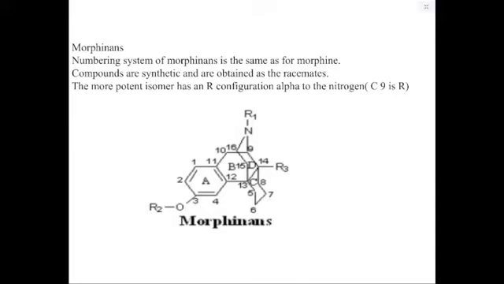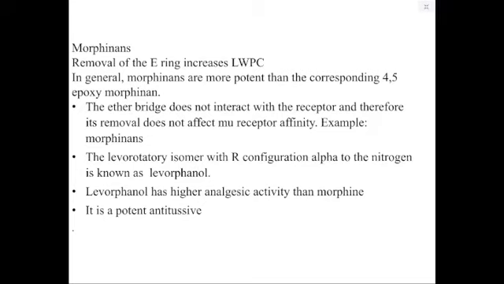Here, it is carbon 9. That numbering has not changed. And we are still saying that this position must carry an R orientation for that drug to have maximum activity. And therefore, the morphinans will also be levorotatory for maximum activity.